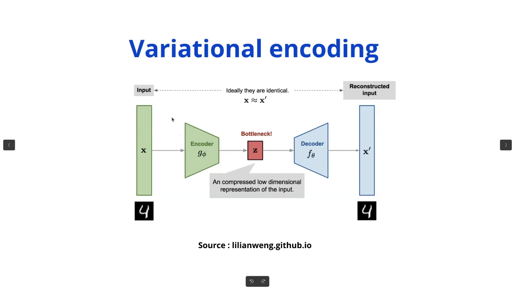As you can see, first we compress our image of a 4, a simple MNIST dataset sample, to a very small dimension vector. This is a compressed low-dimensional representation of the input. This vector only contains the most important features of the image, so with its help we can reconstruct our image.